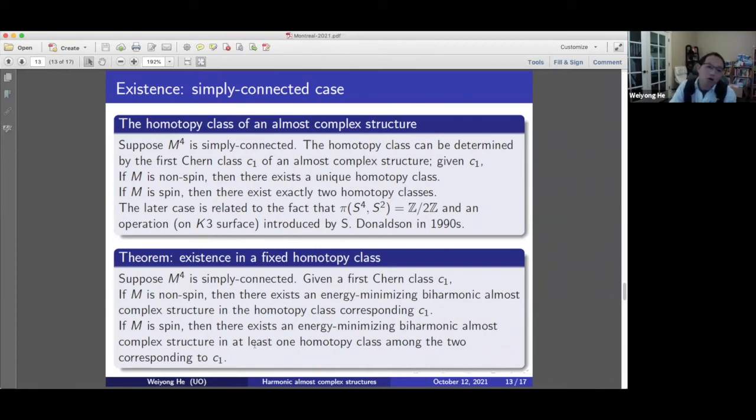For example, our method and results can be applied to give some existence results for biharmonic maps. That regularity theory was known for more than a decade, but our method can be applied to prove the existence. So that's kind of new.